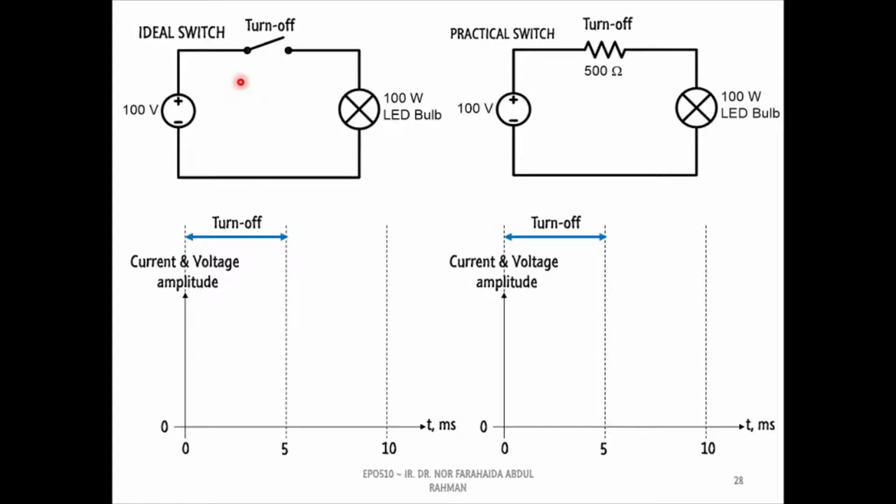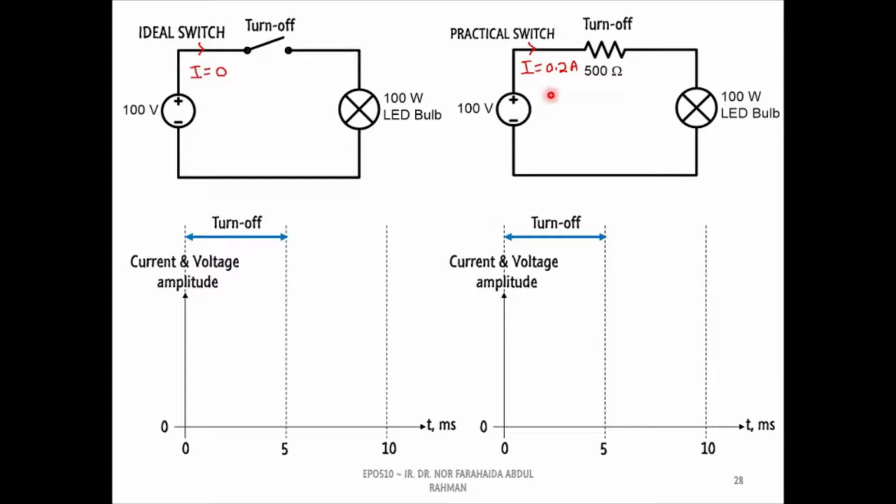Hence, we can consider the power switch to act as an open switch during turn-off. Hence, no current can flow through it. However, practically, there is a small current that flows through the inner resistance. This current is called leakage current.